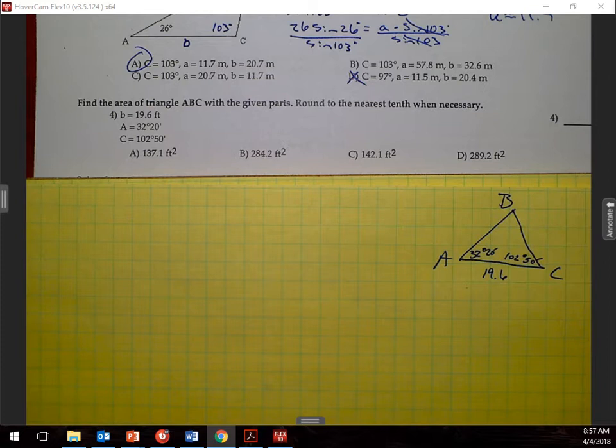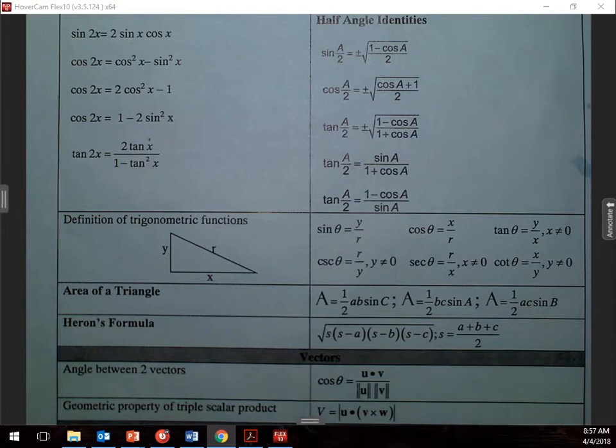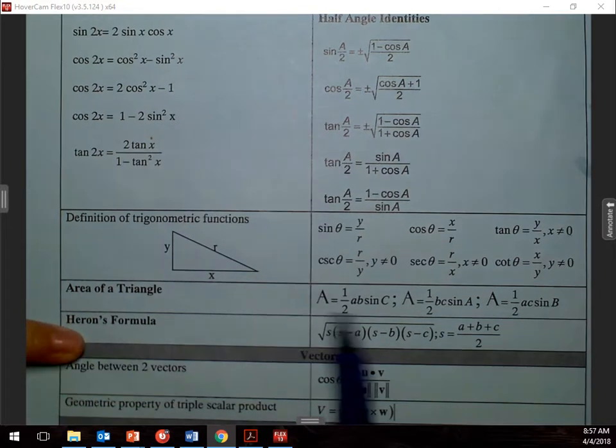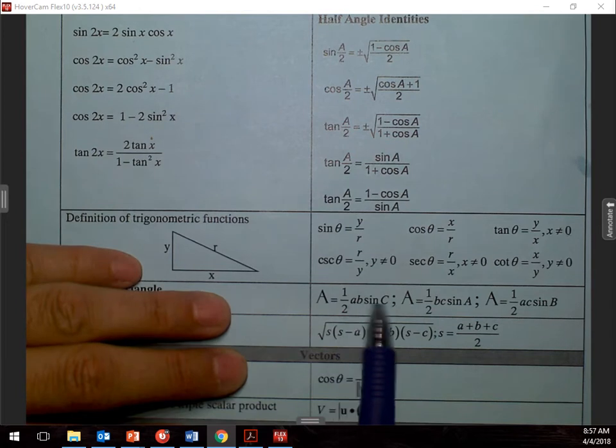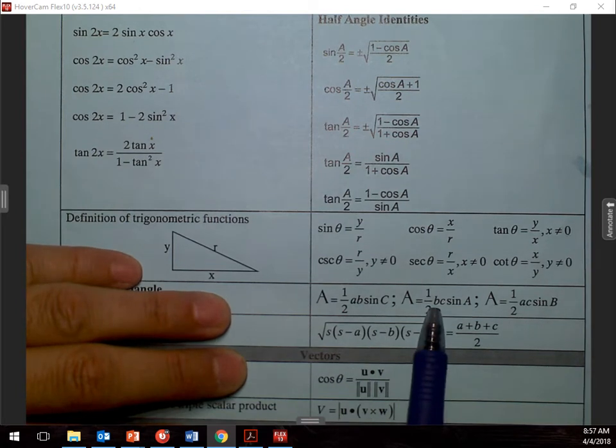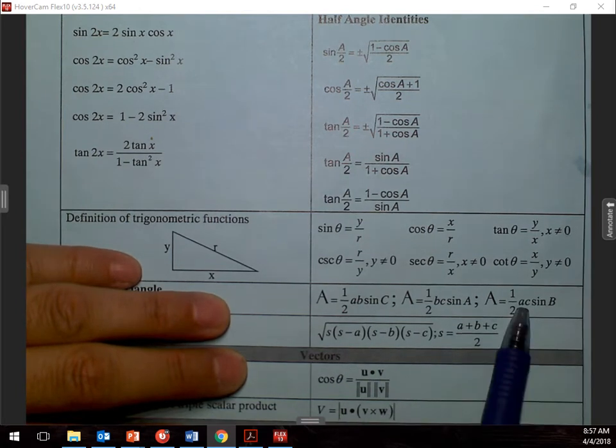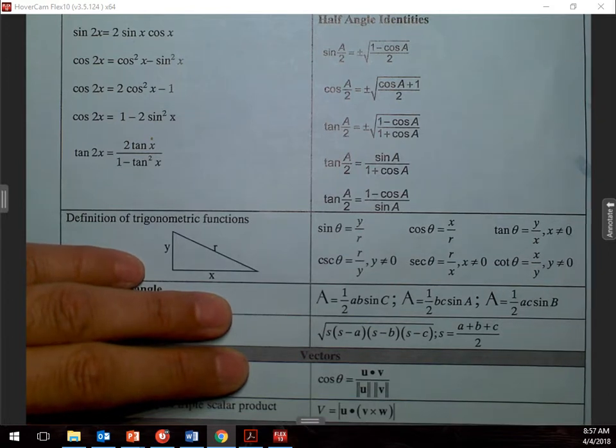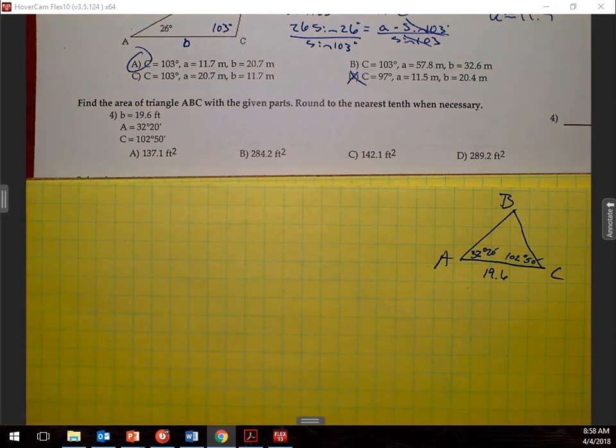There's a reason why I was asking for that. My area formula, so area of a triangle, look at the information that I have here. All of these have 2 sides, don't they? Yes. Now, in my triangle, do I have 2 sides? No. I don't have 2 sides, so I have to solve for another side.